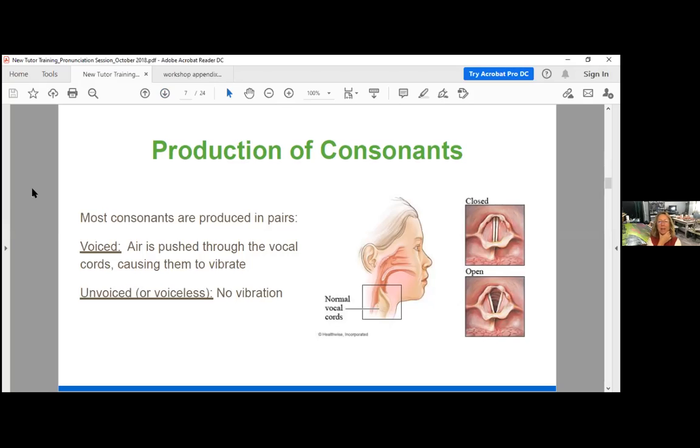Well, Z had more air coming through. Right, you should have felt a vibration with the Z. Let's try it again. First do the S, and now Z. Did everybody feel that?